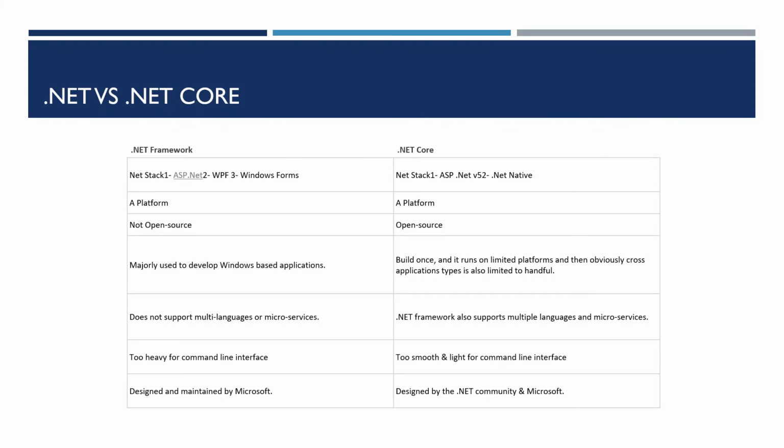So if you're trying to target Linux, you can't use .NET Framework, but you can use .NET Core. So you can build once, and you can actually run on Windows, Linux, and Mac OS. .NET Framework doesn't truly support microservices, whereas .NET Core does.